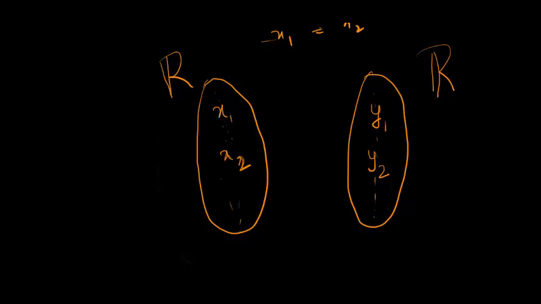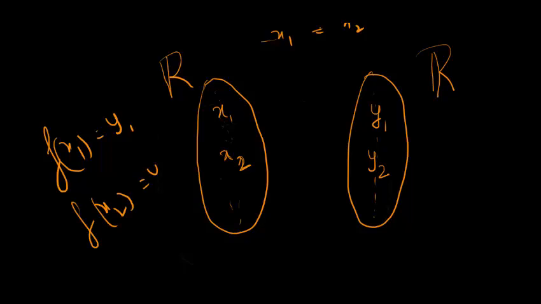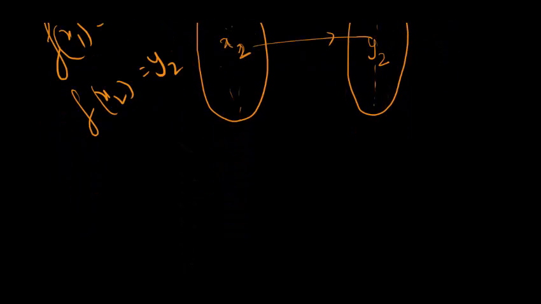Okay, now what I'm going to do is, we do know that f of x1 is equal to y1 under this particular function, and f of x2 is equal to y2, isn't it? What I'm going to do right now is this. This is connected like this, and this is connected like this. Okay, what I'm going to do right now is to say that y1 is equal to y2.